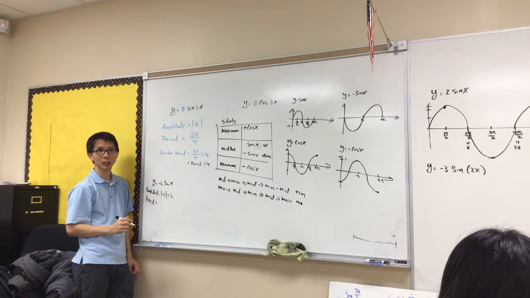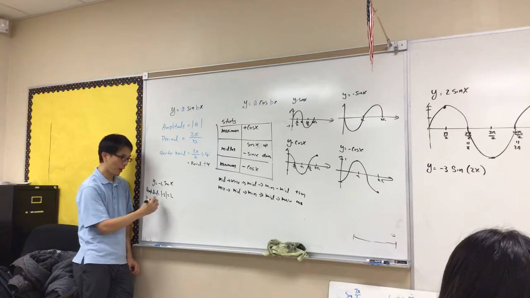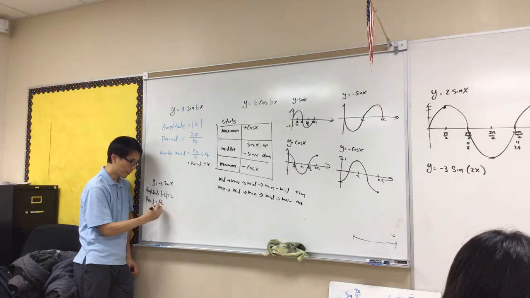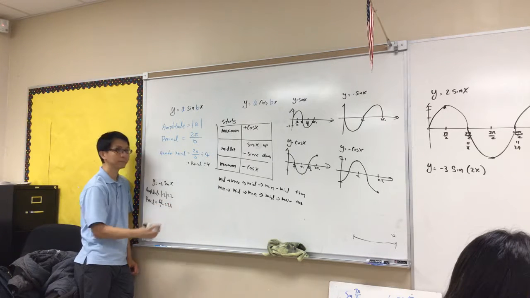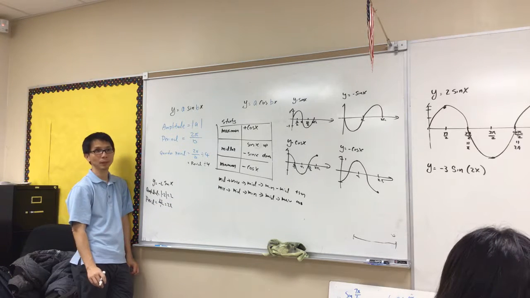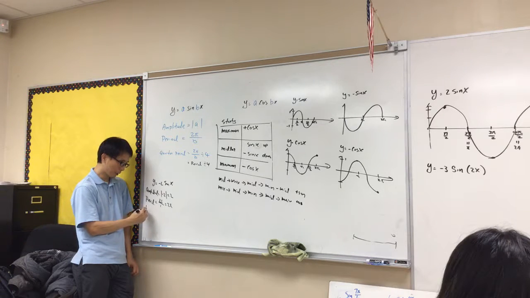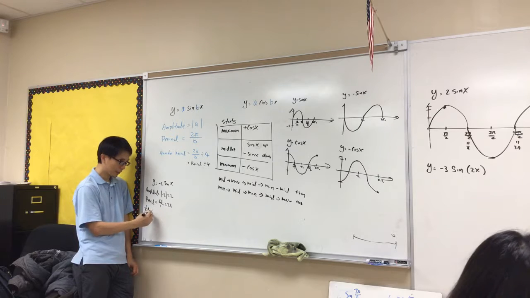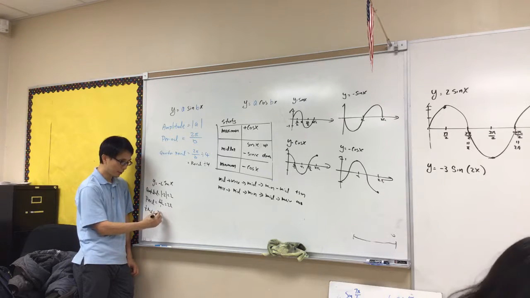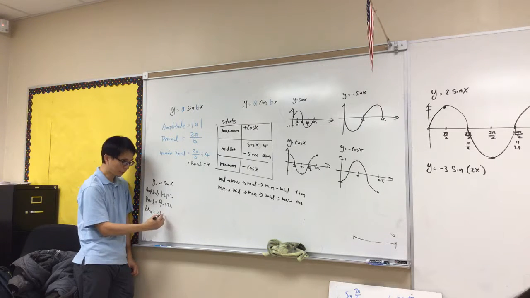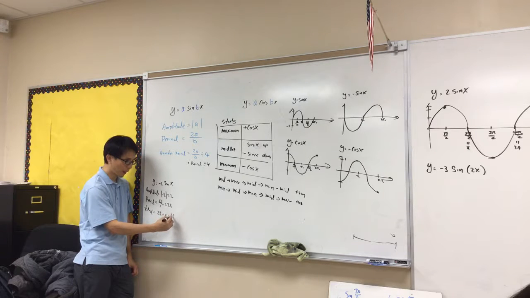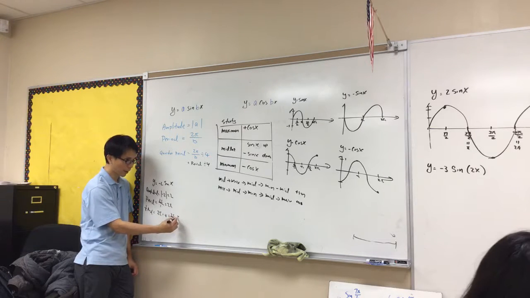It's just 1, so 2 pi over b is 2 pi over 1, that's equal to 2 pi. Are we okay here? What is a quarter period? I'm going to write down quarter periods. Basically, take a period, 2 pi, divided by 4, so that's equal to 2 pi over 4, which is pi over 2.